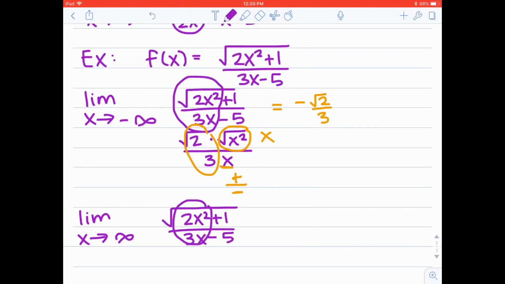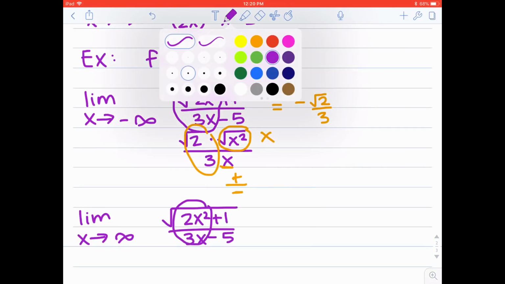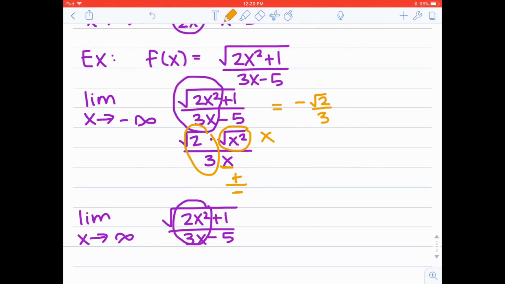And again, the top part is going to simplify to root 2 times x, and the bottom is going to be 3 times x. Only this time we don't have differences in the signs. We have the same signs. So it's going to be like the case last time, except we're going to have a positive infinity over a positive infinity. So that's going to be root 2 over 3.